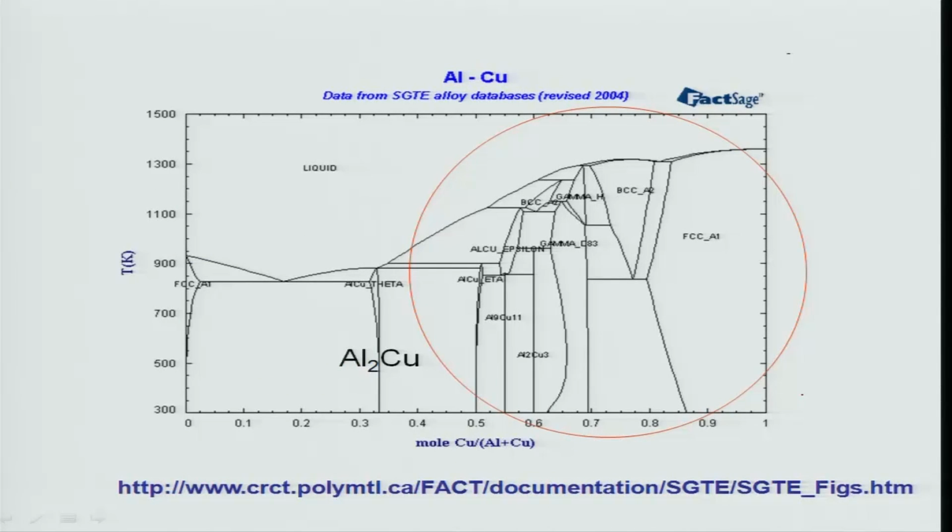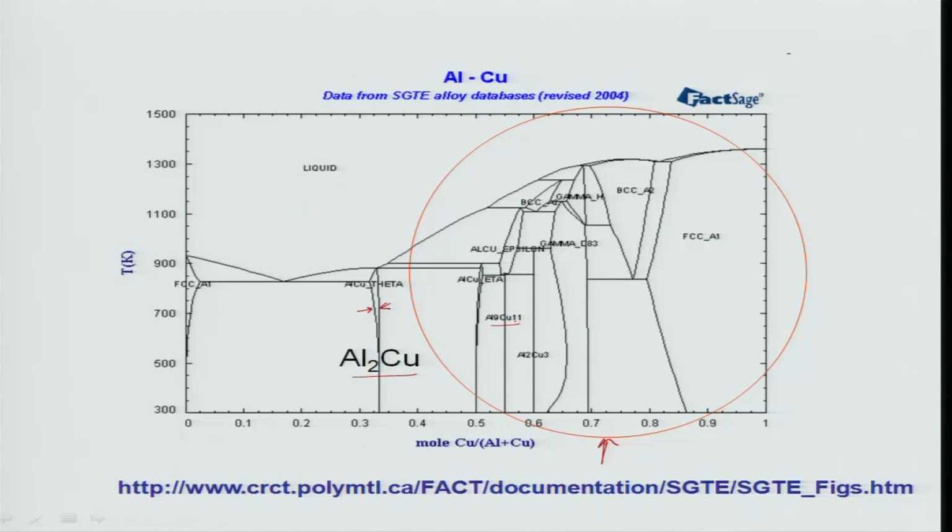Now for aluminum copper there are many phases, I cannot discuss even all of them. The region I marked with a magenta circle has many, let us not discuss them. The starting one is Al2Cu, which at higher temperature has a slightly larger compositional stability zone, but at lower temperature it has a fixed composition.